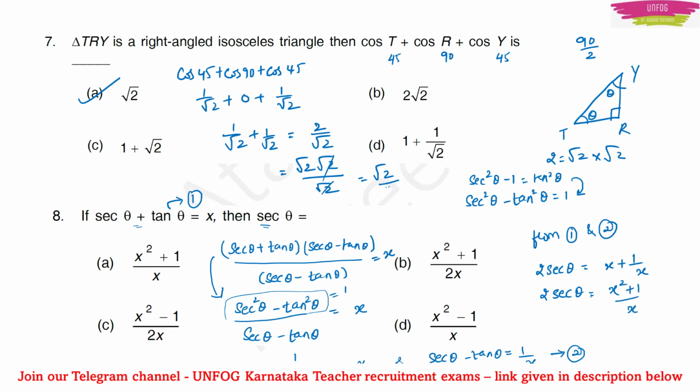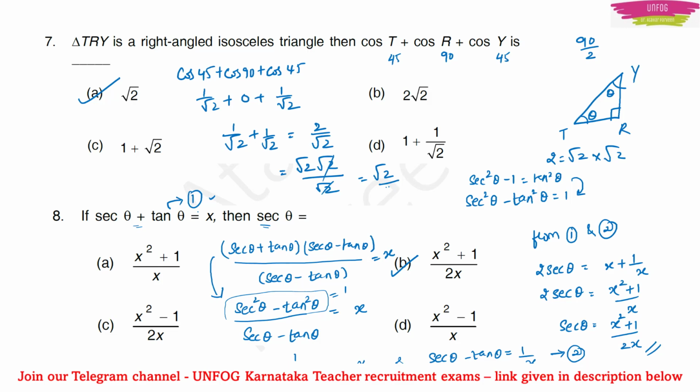I will simplify the right hand side, and then secant theta will be equal to (x square plus 1) by 2x. So (x square plus 1) by 2x is in option B. This is the correct answer. So what I have done is, I have treated the given equation as 1, then I have multiplied and divided by secant theta minus tan theta.